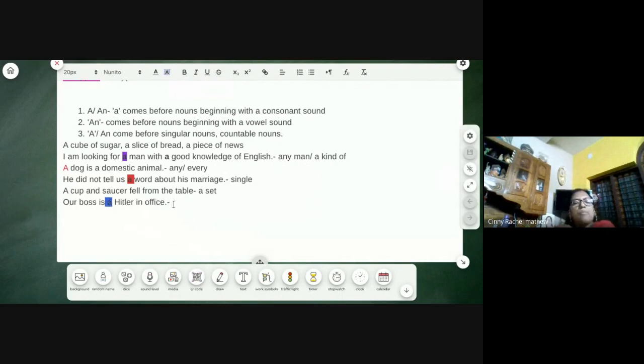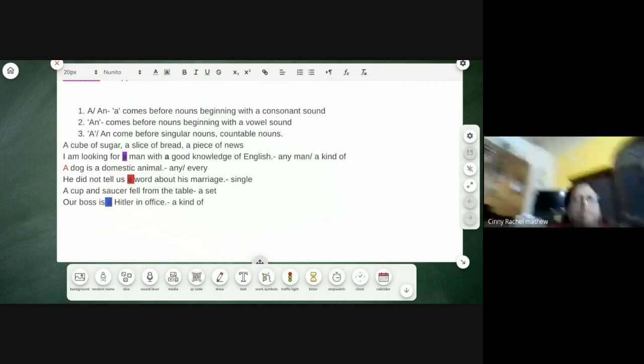See, our boss is a Hitler in office, meaning a kind of. He's some kind of a Hitler in office. So here there are a few different ways or different meanings that emerge when you use A, the indefinite article, in sentences.